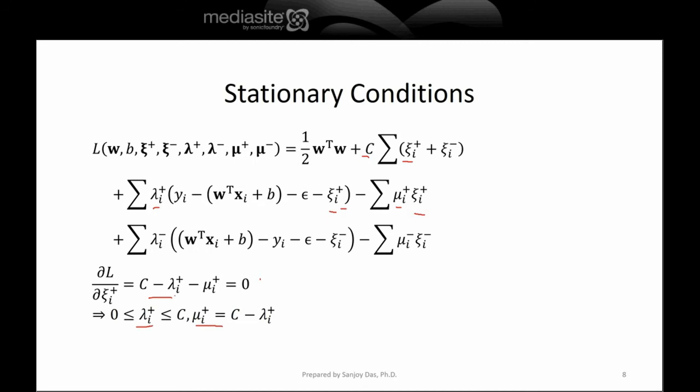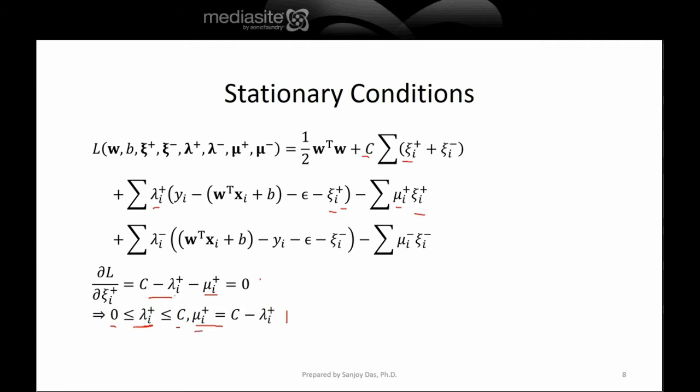Noting that lambda i plus and mu i plus are both positive, lambda i plus has to lie between 0 and C, and mu i plus is C minus lambda i plus. We'll have to remember this.